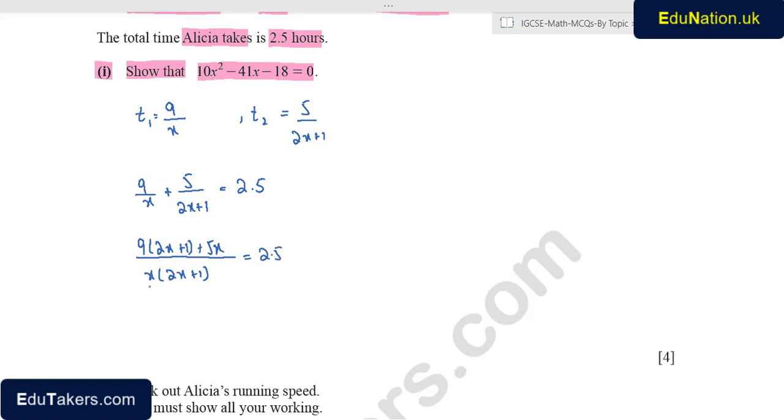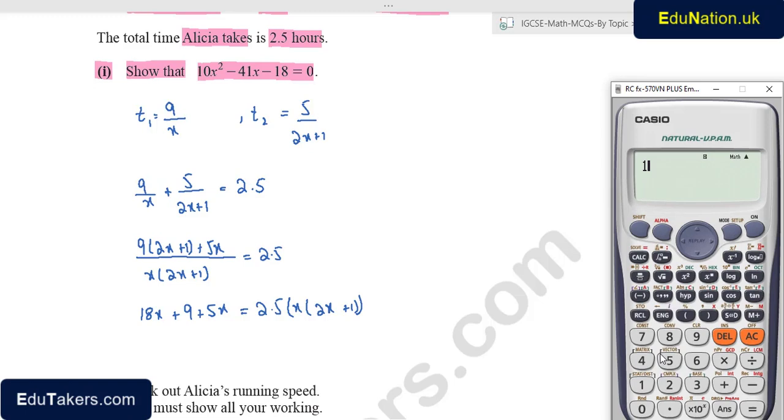Simplifying it, 9 times 2x is 18x plus 9 times 1 is 9 plus 5x is equal to 2.5, and multiplying it with 2.5, so x into 2x plus 1. 18x plus 5x, 18 plus 5 is 23. This is 23x plus 9 is equal to 2.5.